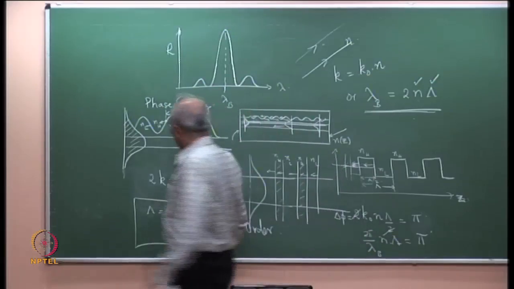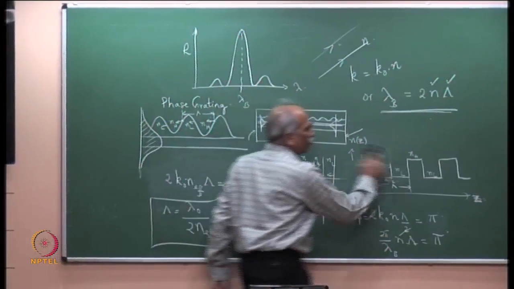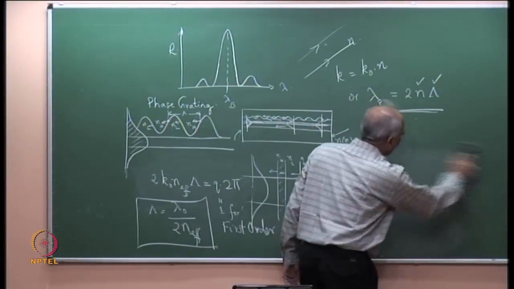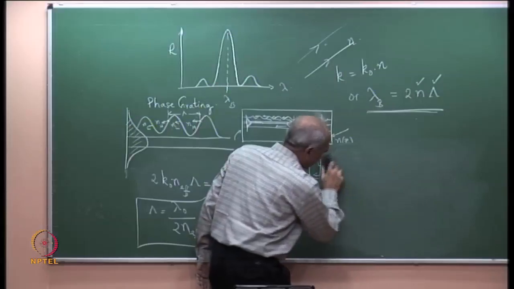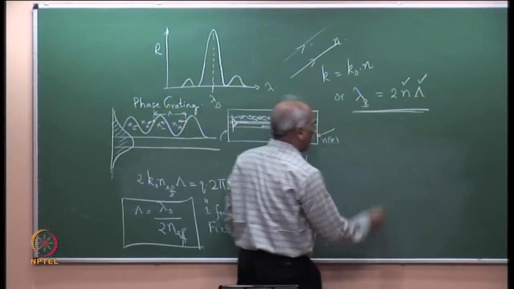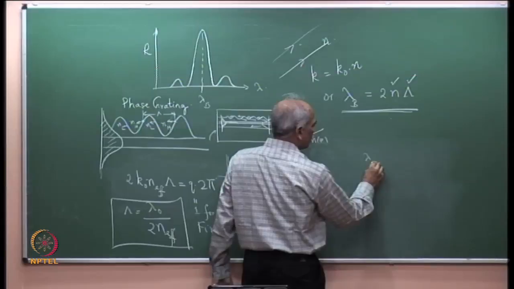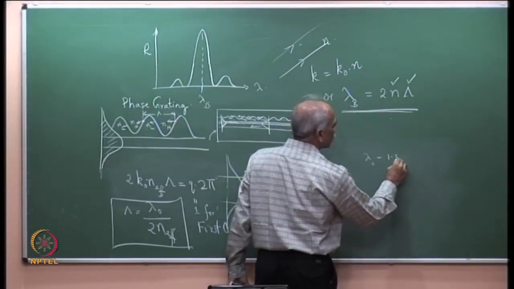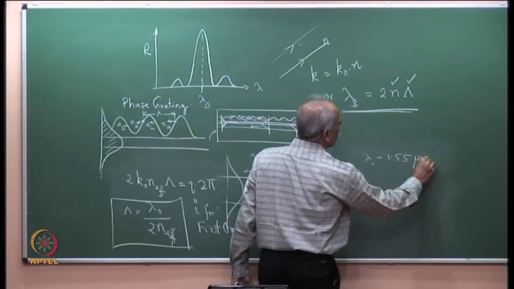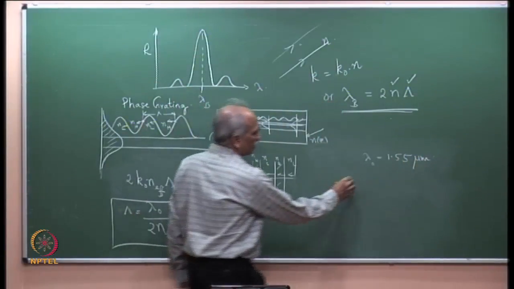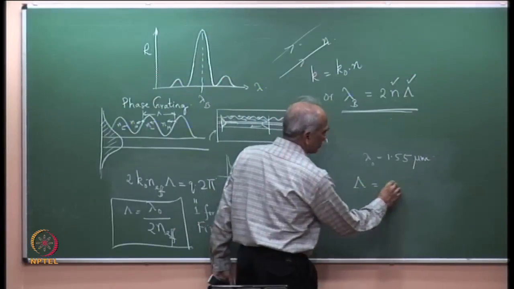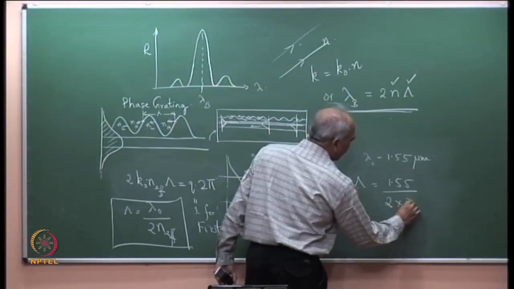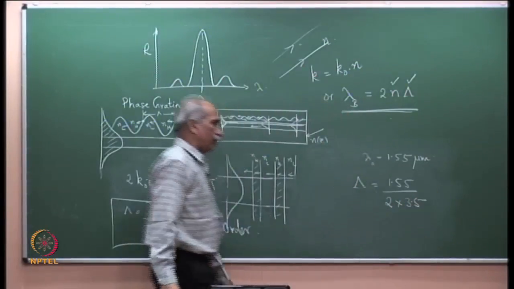What kind of numbers do we have, what kind of period do you have? If you substitute some number, let us say in optical communication, you want to use 1.55. So, let us say lambda 0 that you want the laser to oscillate at is 1.55. You want to make a distributed feedback source for 1.55 micrometer, then you will have to use lambda equal to 1.55 divided by 2 n effective. N effective is approximately 3.5.